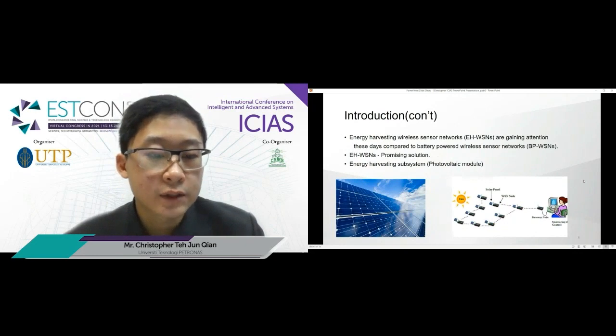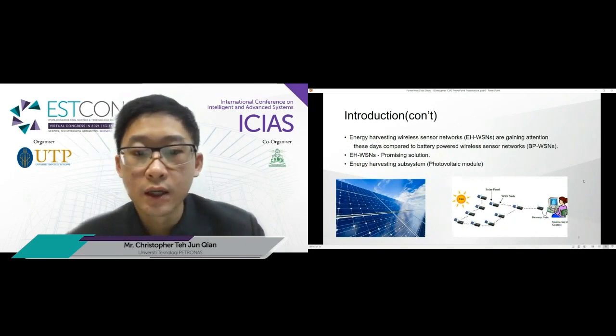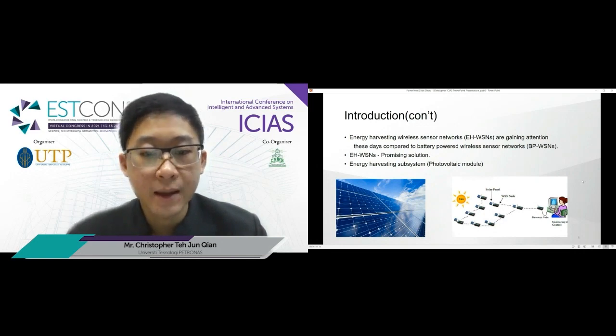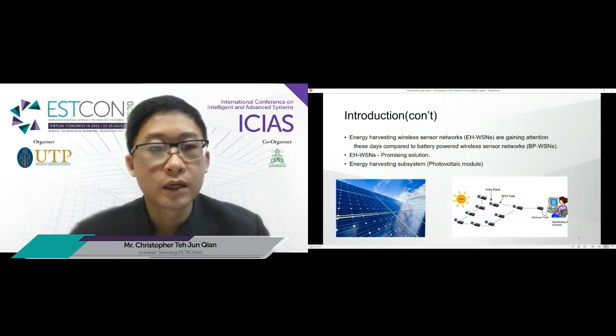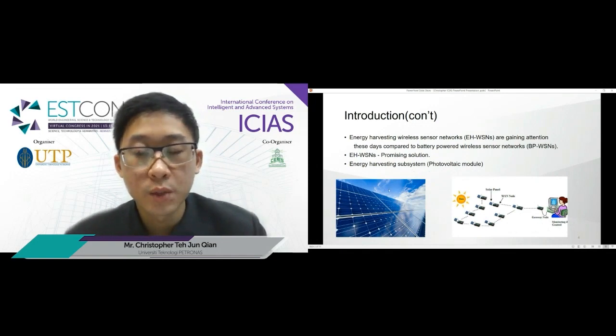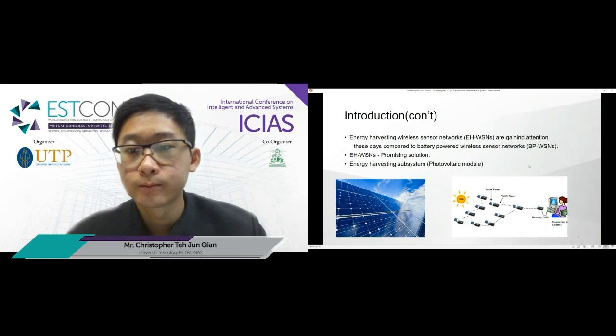So energy harvesting wireless sensor networks are gaining attention these days because it is a promising solution where ambient energy can be harvested and stored for the sensor node. Hence, this light energy harvesting system, which uses the PV module, is chosen to be modeled in this research.